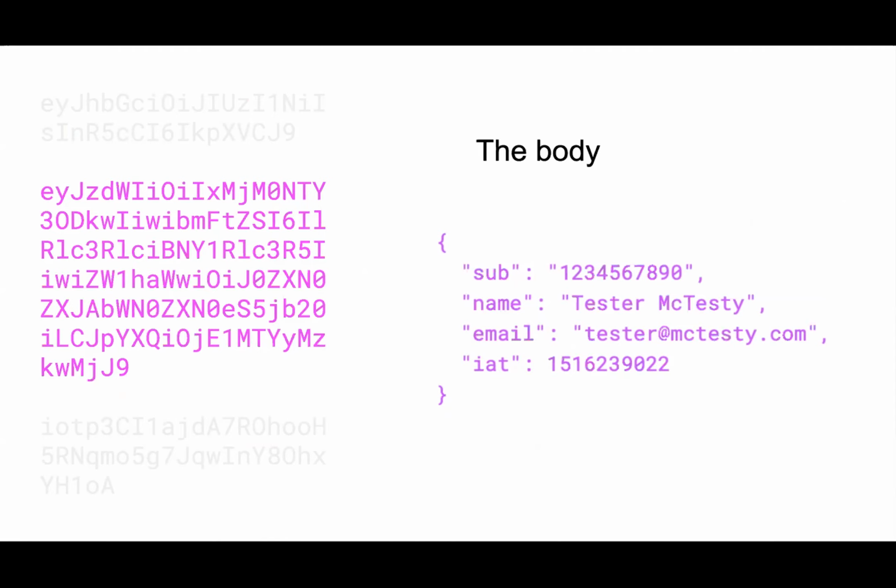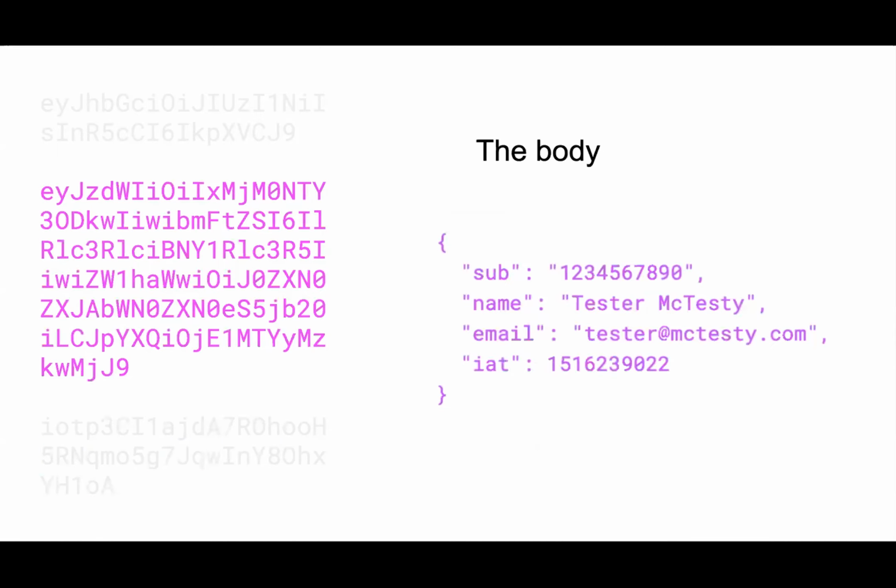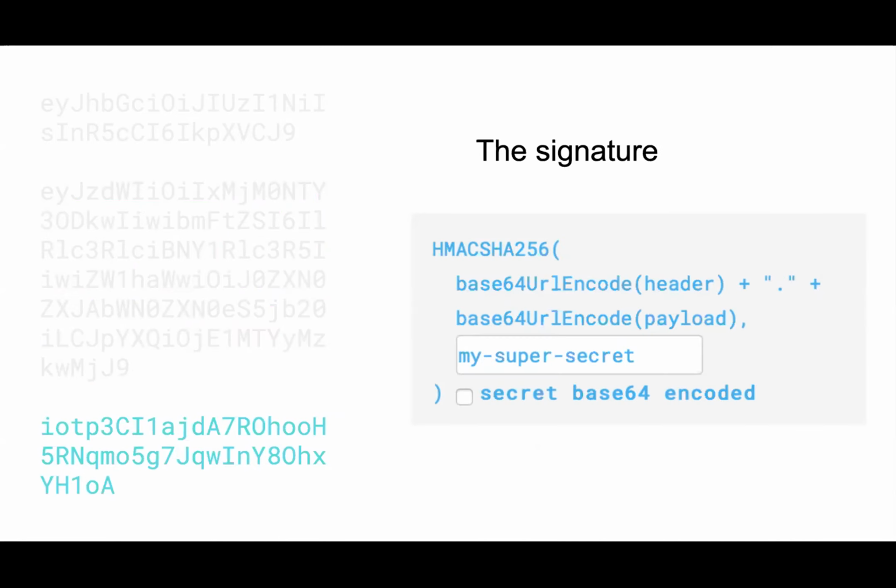But you might be asking, well, anyone can create this request body and forge this. So why is this any more secure than anything else? And the answer is this last part here, which is a signature. And the signature is basically a cryptographic hash function where we take the first two parts, the header and the body, and we hash them together with a secret key here called my super secret.